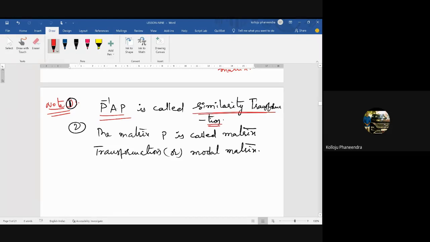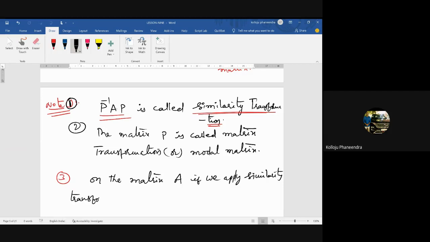And third note, this is important. On the matrix A, if we apply a similarity transformation, what is the meaning of similarity transformation here?